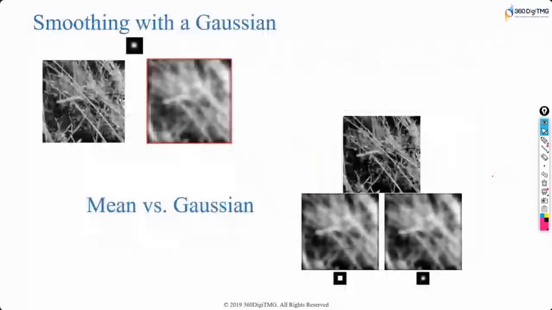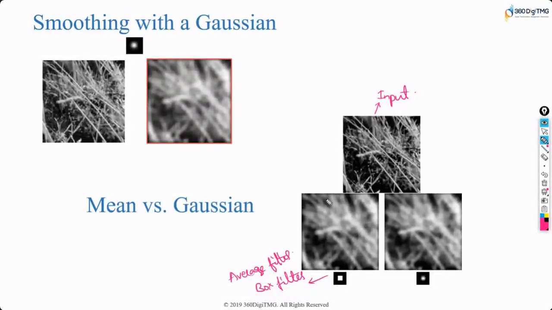And say this is your input image. When you apply a box filter or an average filter, both mean the same, on an image, you see that boxiness, but the moment you apply a Gaussian filter, that boxiness is gone.